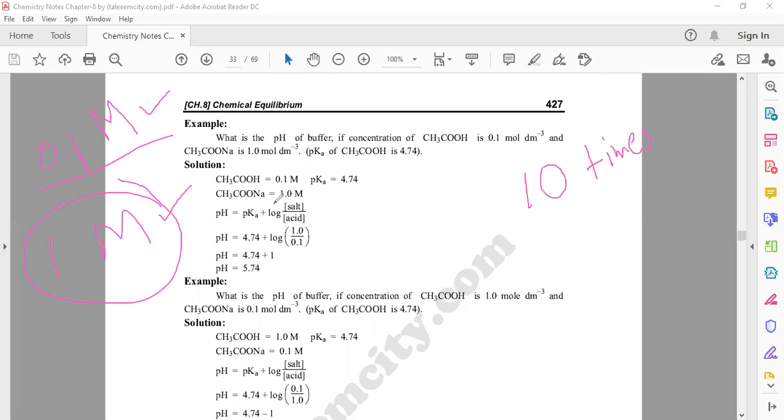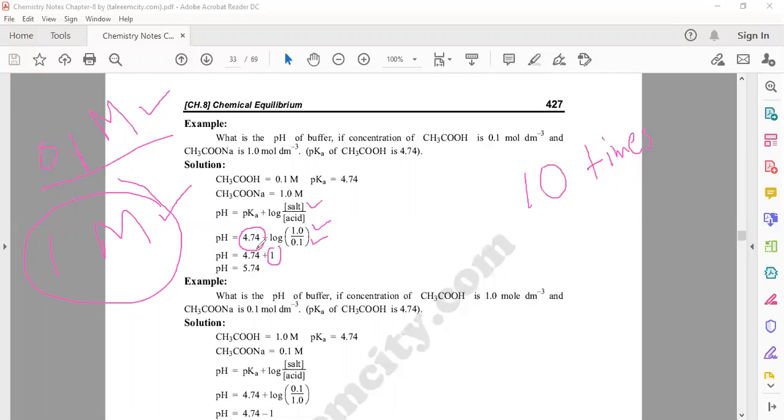So put the values in the equation. pH is equal to pKa plus log salt over acid. Salt has 1 molar concentration and acid has 0.1. You simply put the values. The pKa of acetic acid is 4.74. Now 1 divided by 0.1, take the log of that division, that will be equal to 1.